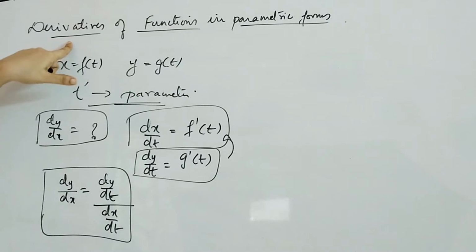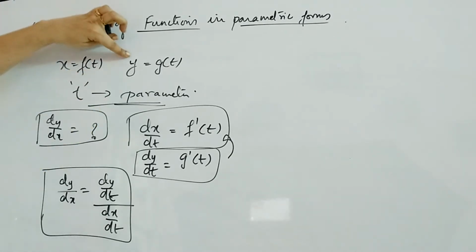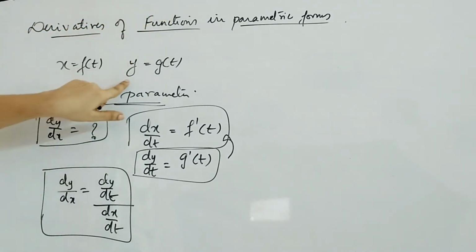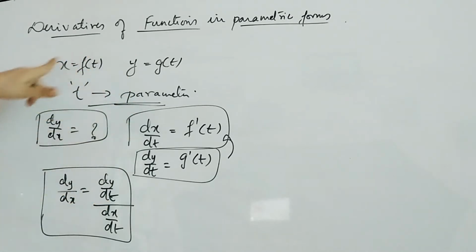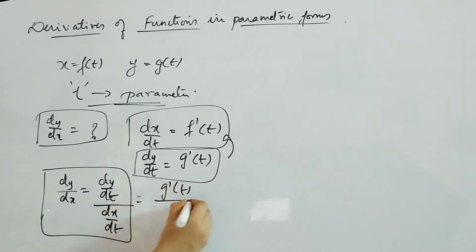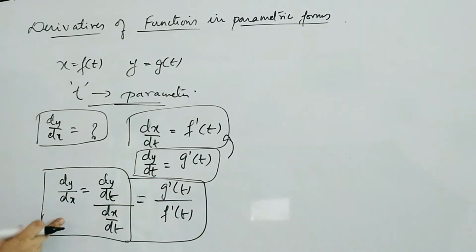First you differentiate x with respect to whatever parameter is given, then differentiate y with respect to that parameter, and then divide the dy which you got, the second thing, by the first thing, which gives you dy by dx. This is the same as g dash of t divided by f dash of t. Clear? So this is your parametric form.